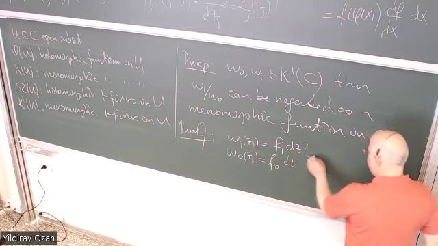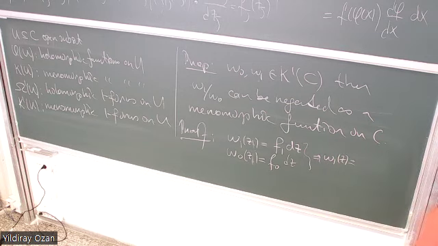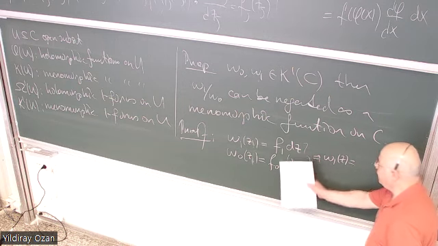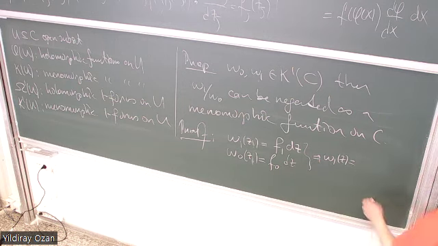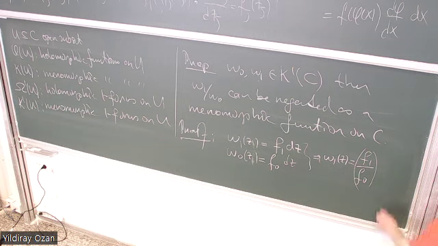But then you see that W1 of Z is F1 dZ, which is F1 over F0 times W0 of Z, right?